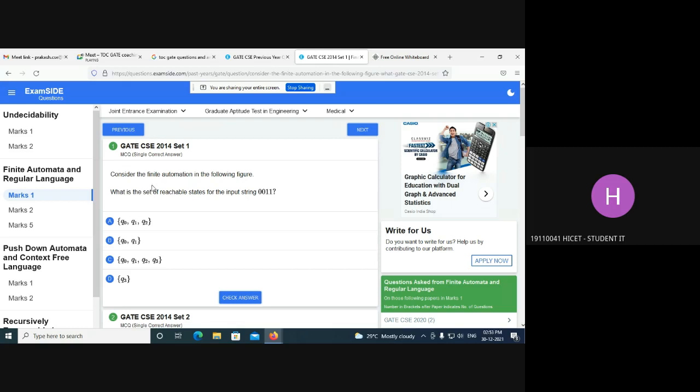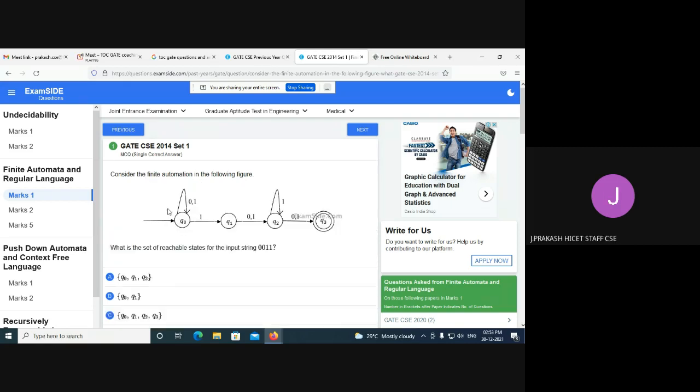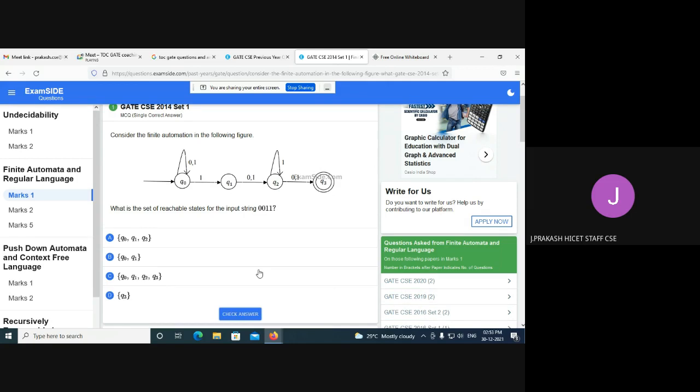Consider the finite automaton in the following figure.